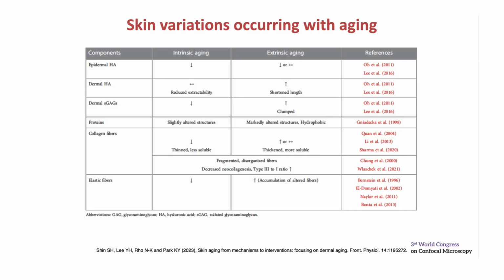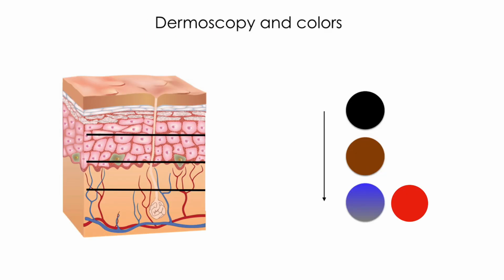So there are slight variations at epidermal and dermal level which have been related to the intrinsic and extrinsic skin photoaging. We can see here in this table that dyselastosis has been mainly related to the skin photoaging.